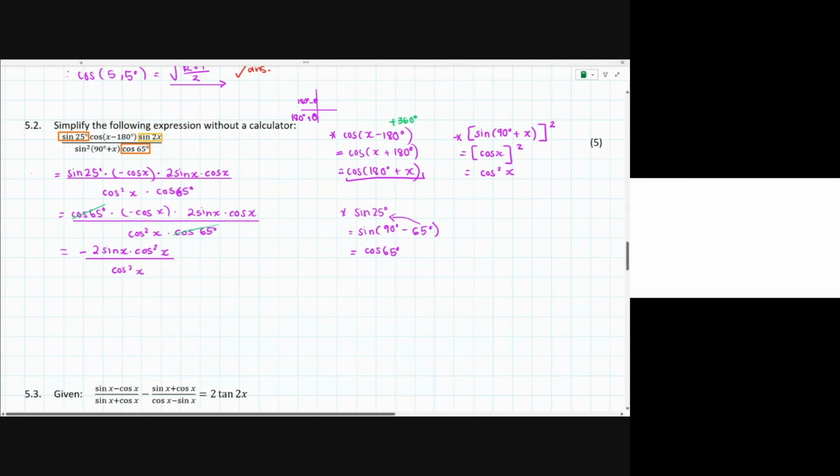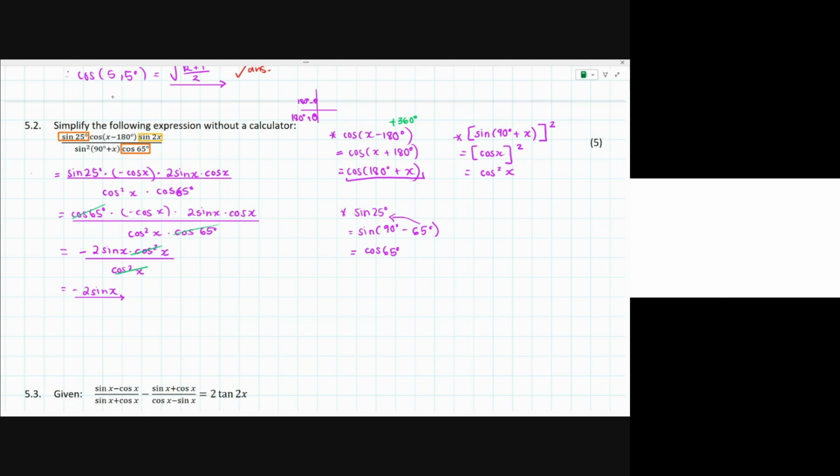And again, simplify. Cos squared x gone. And so what I'm left with here is just negative 2 sine x. Generally speaking, you want to simplify it down to a single trigonometric ratio. Often we do say, simplify the following without a calculator to a single trigonometric ratio.